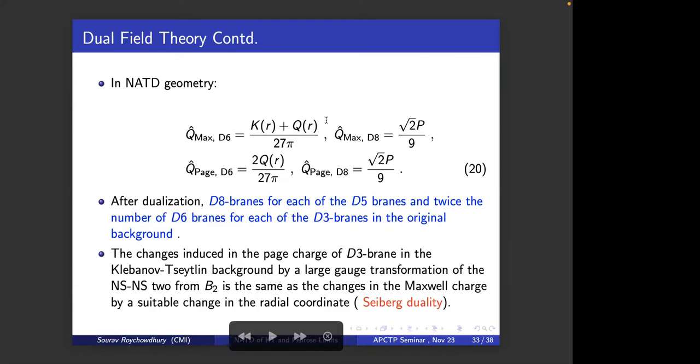Now if you compare the dual charges with the original charges, it turns out that D5 branes go to D8 branes, and twice the number of D6 branes matches the D3 brane charge. So we can naively say that after T-duality, D5 goes to D8 and D3 goes to D6.